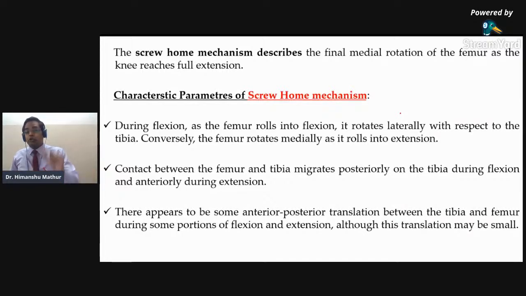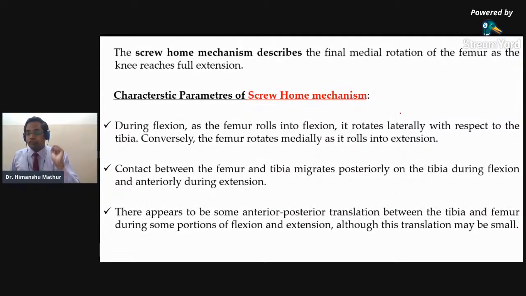Now, so as to complete the terminal extension range of motion in closed kinematic chain, the femur has to rotate internally. The screw home mechanism tells you that whenever you are going from flexion to extension, in the terminal range of extension, the femur rotates medially or internally at the last 10 to 15 degrees of extension.